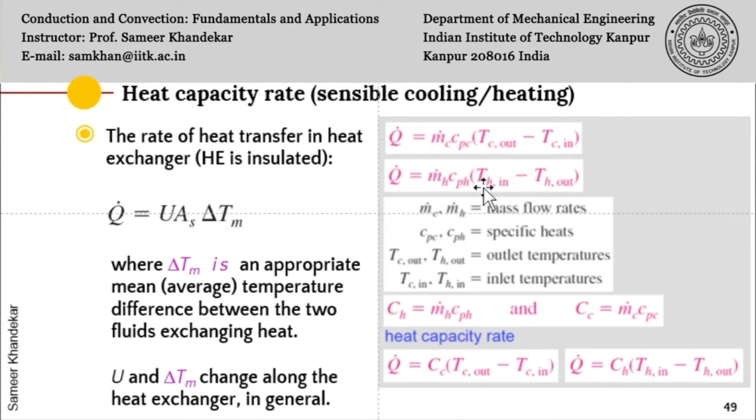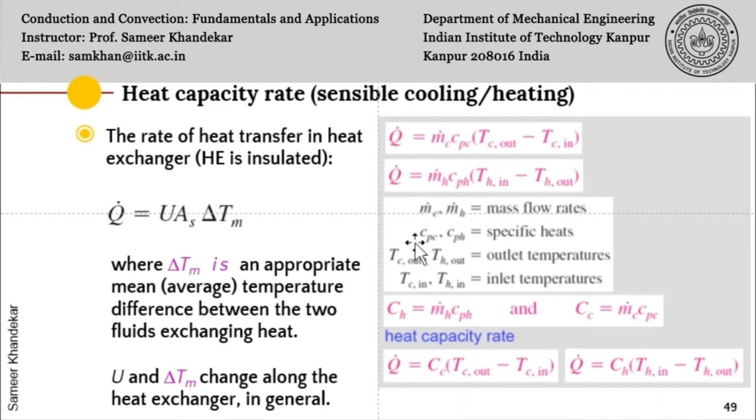In heat exchanger analysis, it is usually convenient to club the m dot c, which is the thermal mass. m dot is the mass flow rate and Cp is the specific heat. So mass times specific heat is an indicator of the thermal inertia, or the thermal mass, of the system.